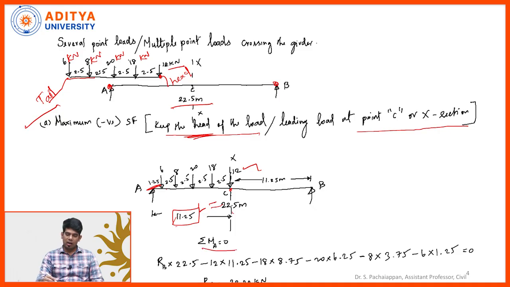Then I take the summation of moments at the support A as 0. We know that for a simply supported beam both support moments are 0.